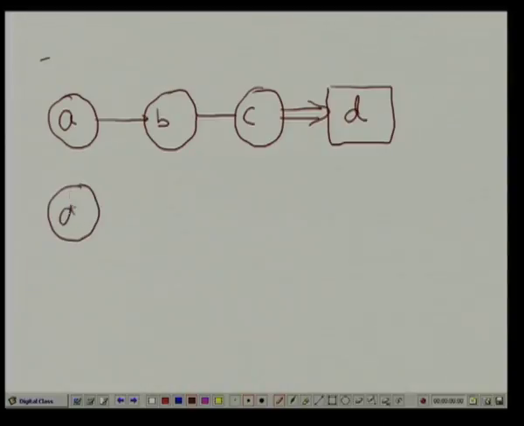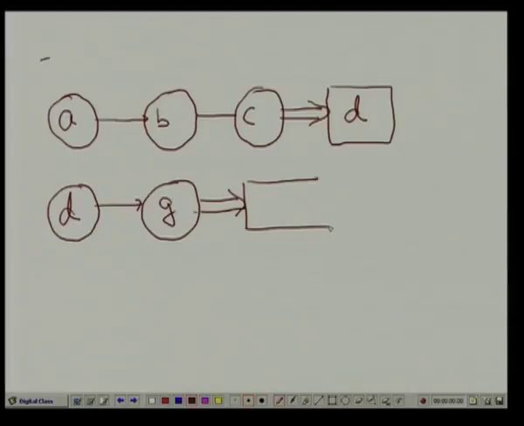D and G is giving rise to might be P, and there is another rule which says P, and this is AND, okay.